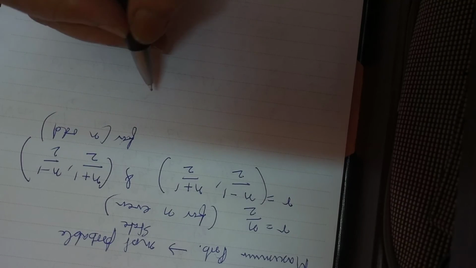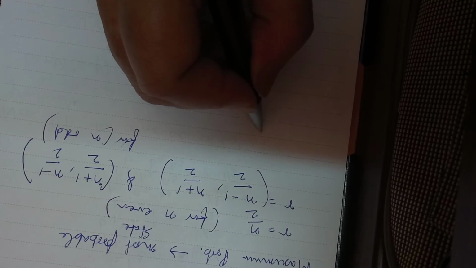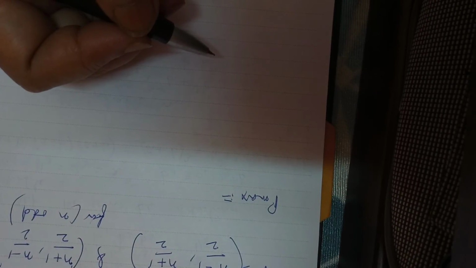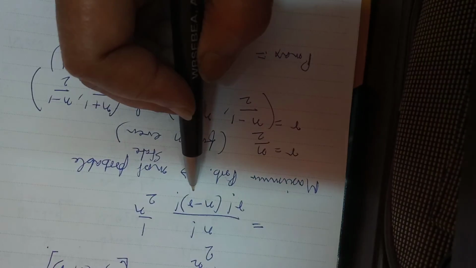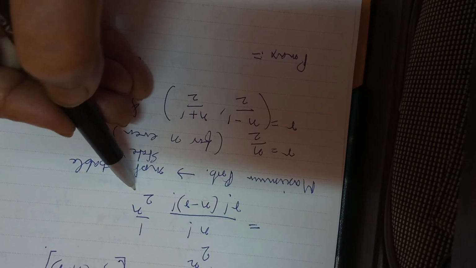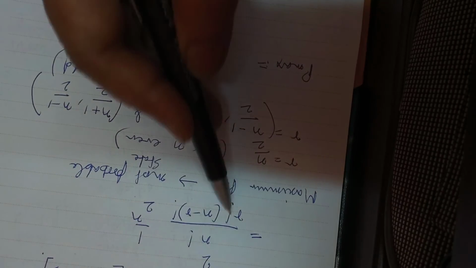So the most probable value, if you put r equal to n by 2, then P max, this was your expression for P: factorial n over factorial r factorial n minus r, times 1 by 2 to the power of n. You get maximum for r equal to n by 2.